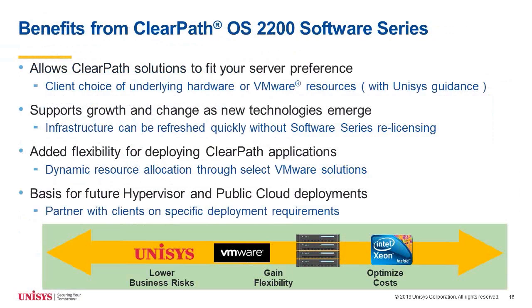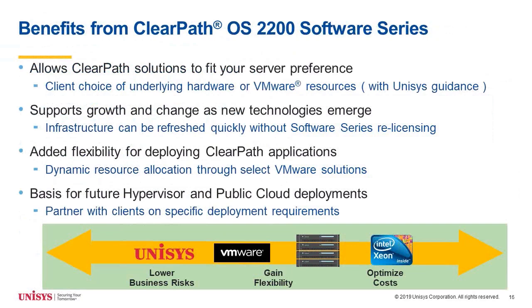So I think you can see the benefits here from the OS 2200 software series implementation. Again, it supports your choice of a platform or VMware resources. We certainly have done a lot to provide information to you and to our sales and architect teams to help you with that installation.